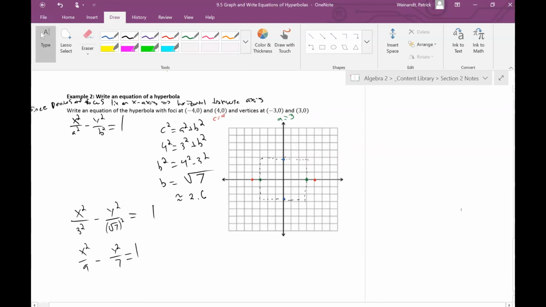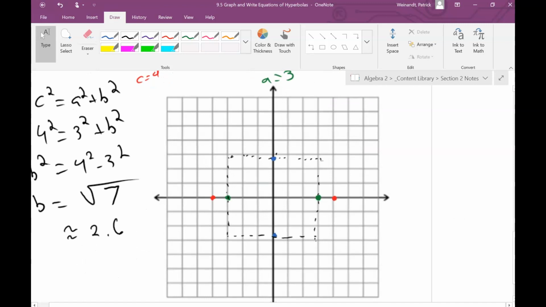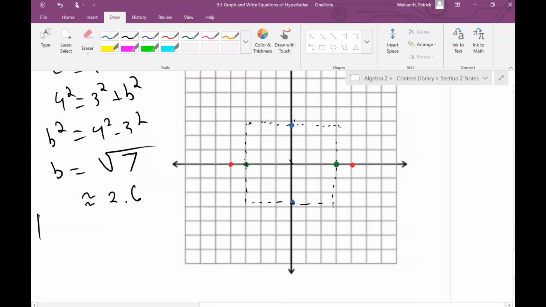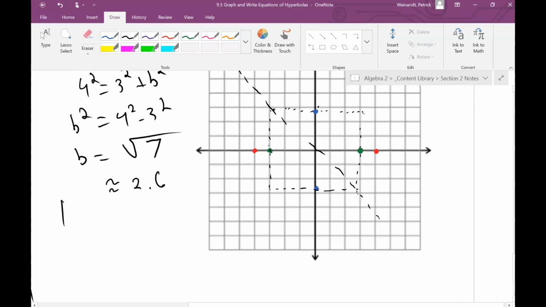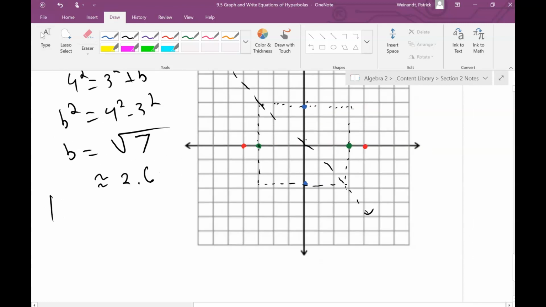Since it's not asking for the asymptote, we're not going to worry too much about getting that equation. But do know how that's found when you have both a horizontal transverse axis and a vertical transverse axis.